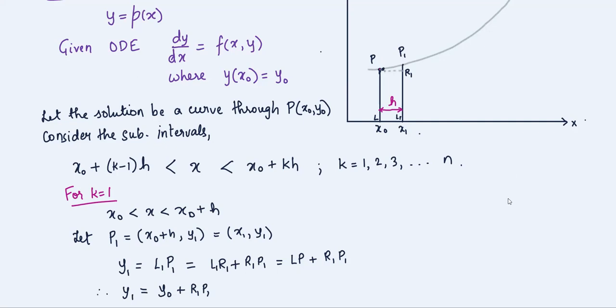Now, this is P, and at the same level is R1, and let's say the next point P1 is here. How do we find P1? How do we get an approximation of P1?